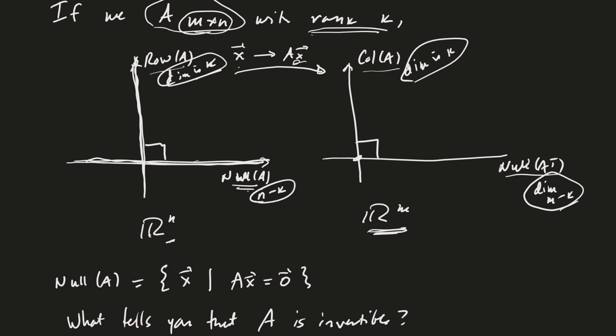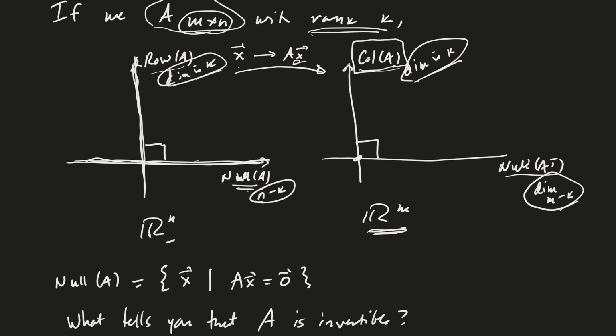So m is equal to n for A to be invertible. And then if that's true, you need the matrix mapping to be onto Rn, which means that the entire space is spanned by the column space of A. So the column space of A takes up all of Rn in that case.